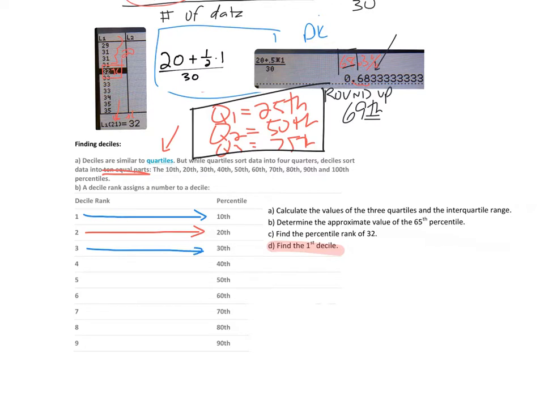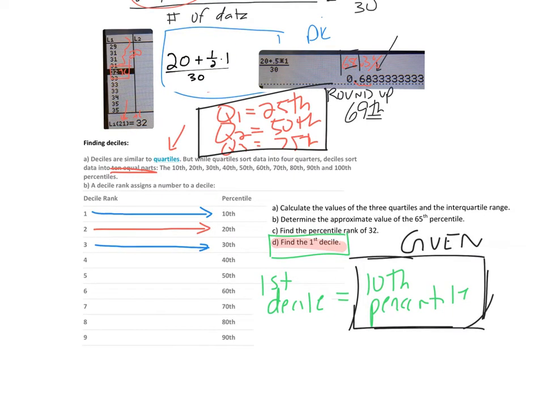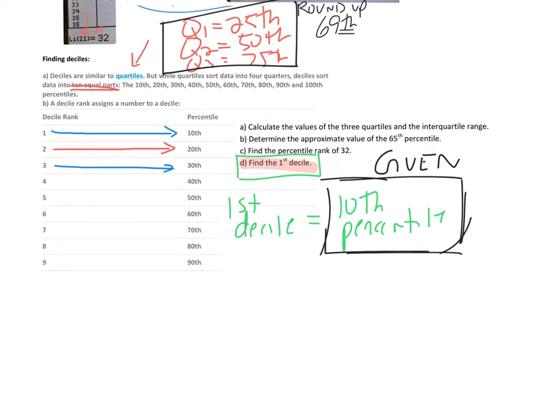So basically, here you're being asked to calculate the first decile, but the first decile is the same as the 10th percentile. So what we're going to do is just basically go through the procedure that we did in Part B. Here you're given a percentile. Here you're given the 10th percentile. So what we're going to do is take the percentile rank, which is 10, because the first decile corresponds to the 10th percentile.